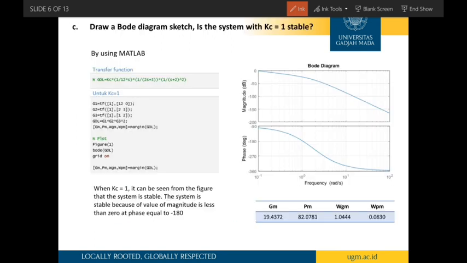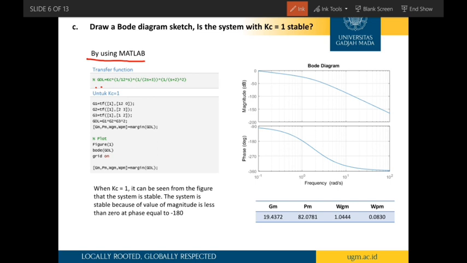And C, draw a Bode diagram sketch, and from the sketch determine whether the system with Kc equal 1 is stable. Okay, we make the script using MATLAB with the transfer function G open loop equal to Kc times 1 over 12s times 1 over (2s plus 3) times 1 over (s plus 2) squared.